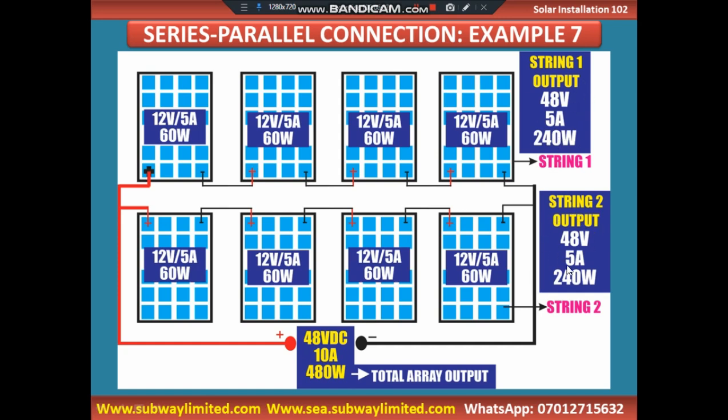You have successfully connected string 2, you have gotten the output. Then you link the two strings together. It forms a solar array. It gives you this total output that you are seeing here.